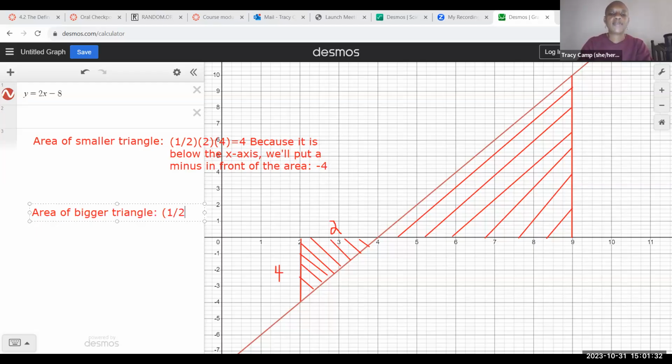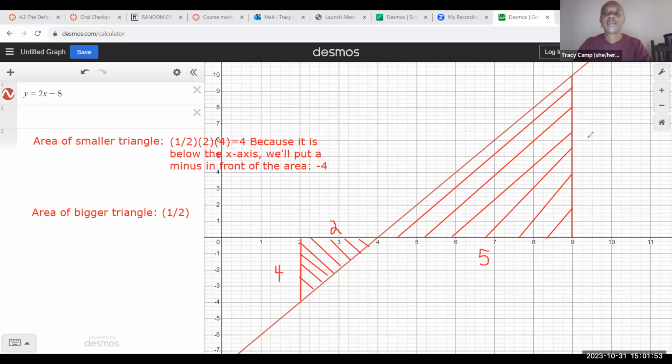So we'll have 1/2 again. And then the base of the bigger triangle, we start at 4 and we go to 9. So the base is 5. And then the height: 2 times 9 is 18, 18 minus 8 is 10.